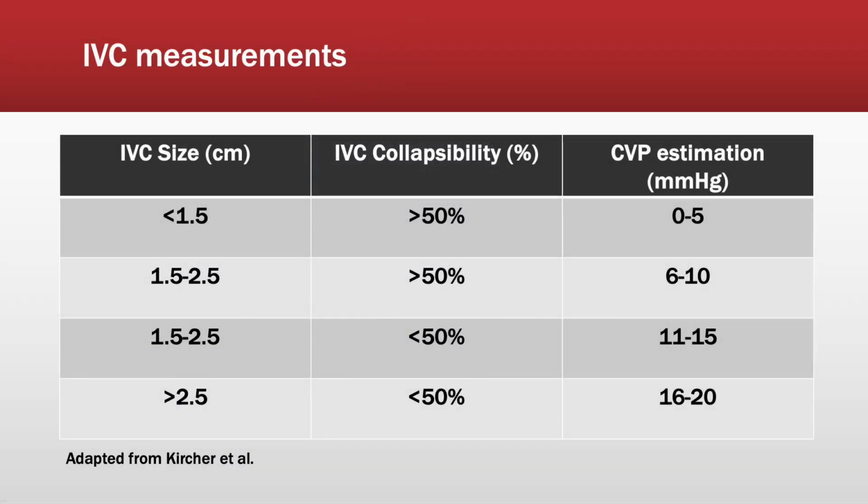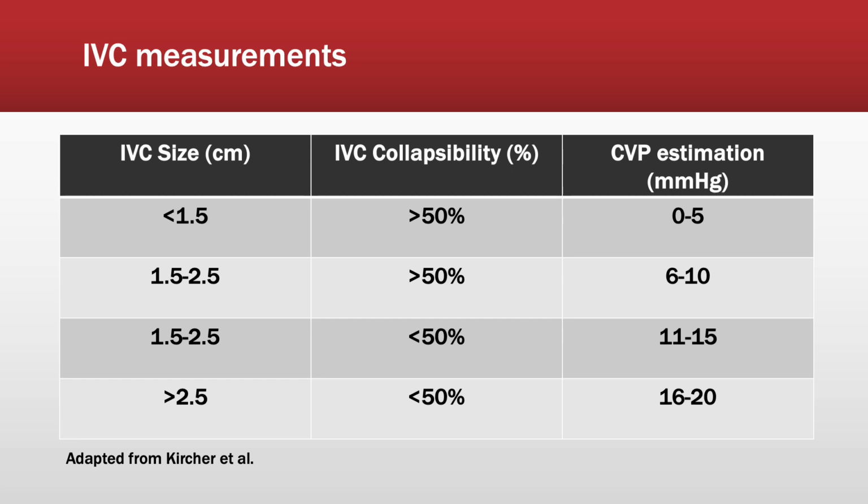This is a table that was adapted from Kircher et al. that translates the IVC diameter and the collapsibility index to estimate the central venous pressure in a non-invasive fashion. These can be useful to evaluate for fluid tolerance and the presence of venous congestion.